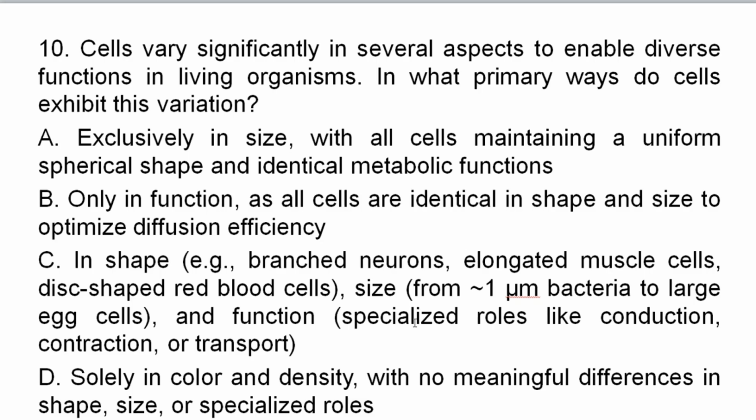They also vary in function. Some are specialized in conduction, for example, neurons. Contraction, for example, muscle cells. Transport, for example, red blood cells are important to transport oxygen. So cells vary in shape, size, and function. So the correct answer for question number 10 is C.